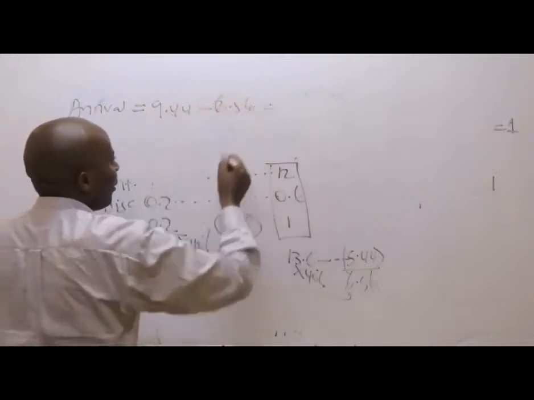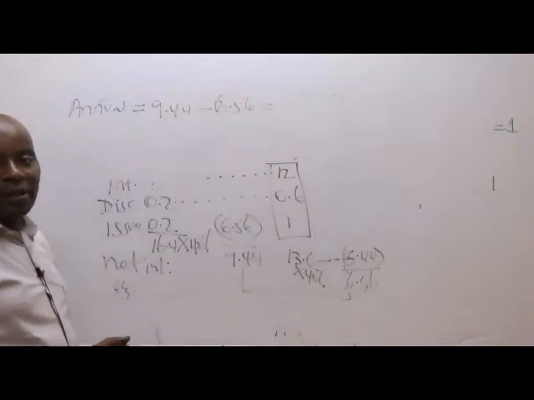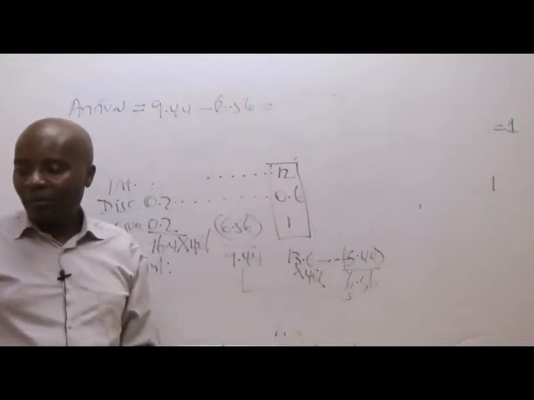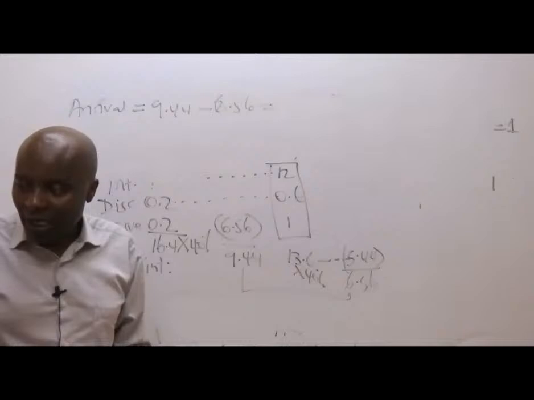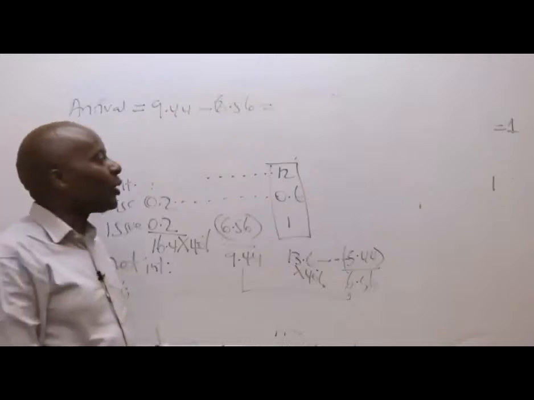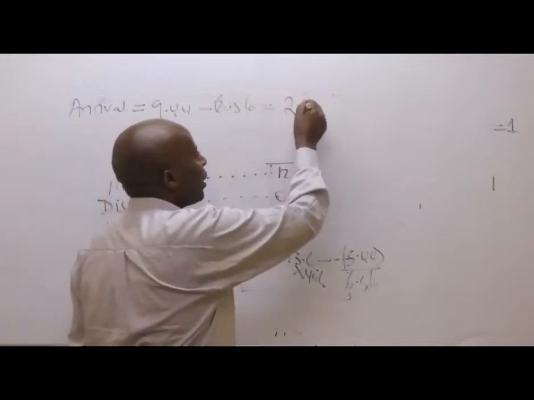So please give us an answer. 9.44 minus 6.56, that is how we got the 2.88.